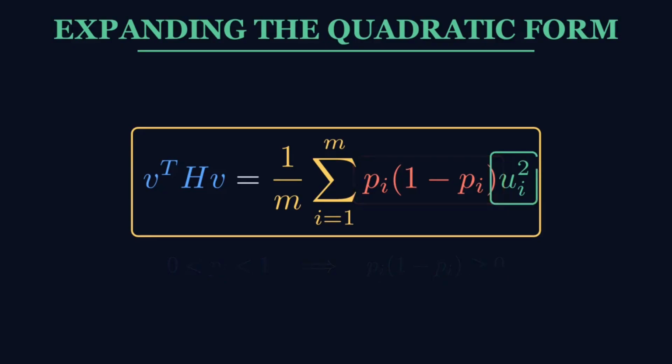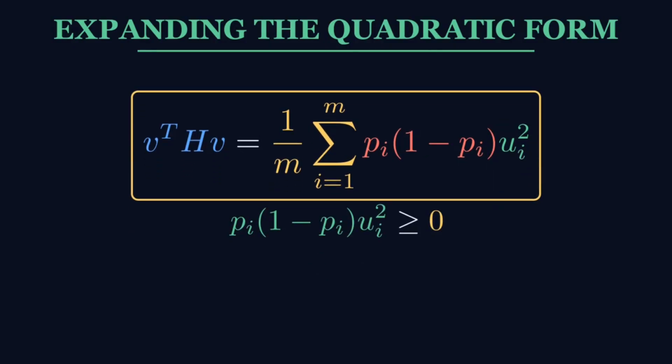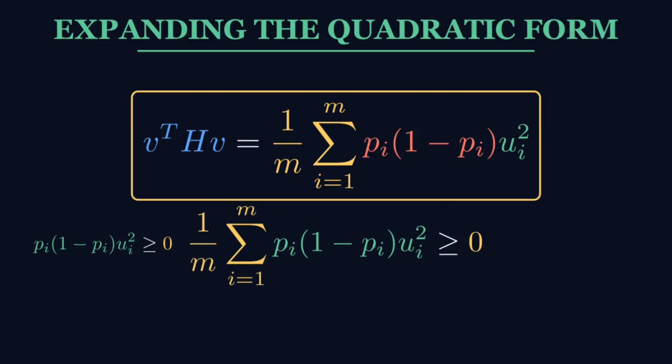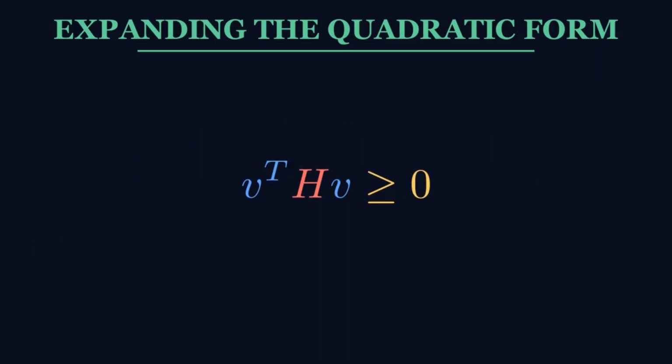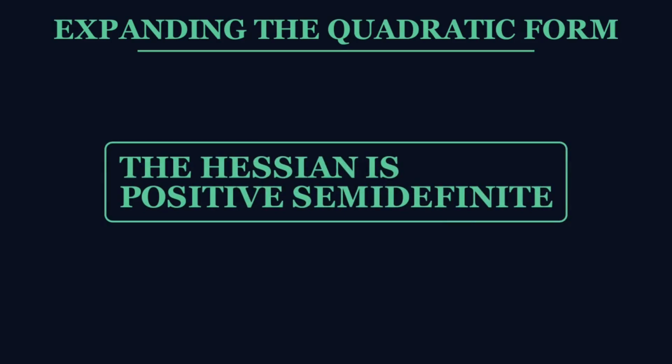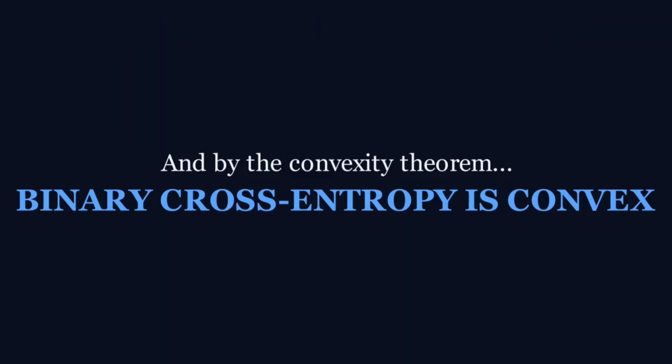The second part, u_i squared, is a square, and squares are never negative. So every individual term in the summation is non-negative, and if every term is non-negative, then the entire summation must also be non-negative. Therefore, v transpose H v is greater than or equal to 0. And thus, we've proved that the Hessian is positive semi-definite, and by our theorem, binary cross entropy is convex.